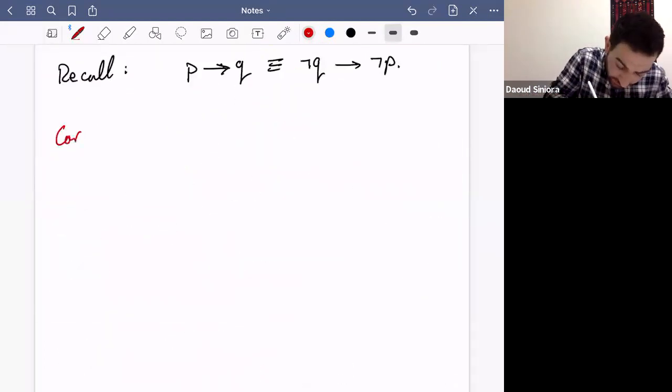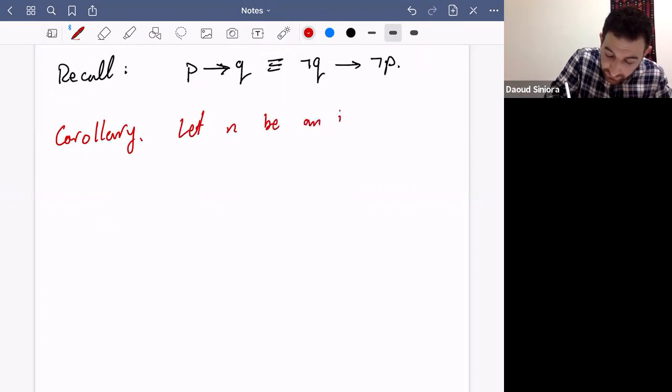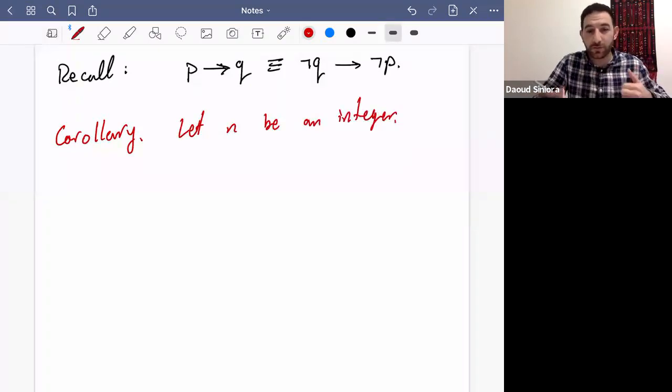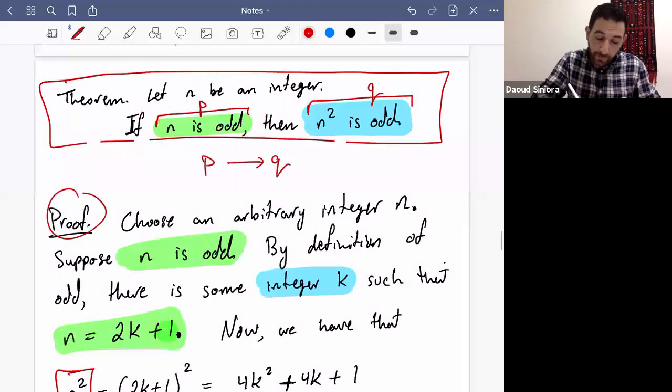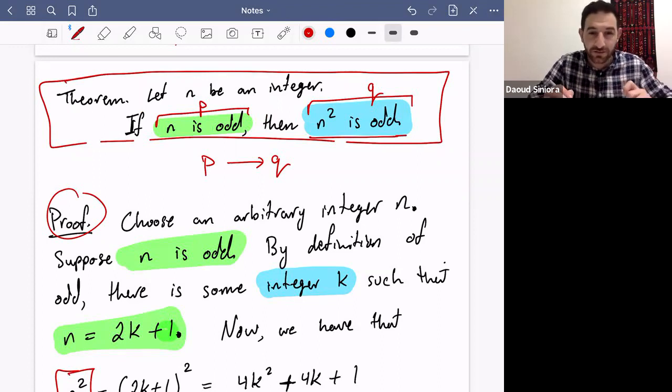So corollary, let n be an integer, then the contrapositive is true. What is the contrapositive? Not Q implying not P. So what's not Q? n squared is not odd. But I asked in an exercise to show that not odd means even.